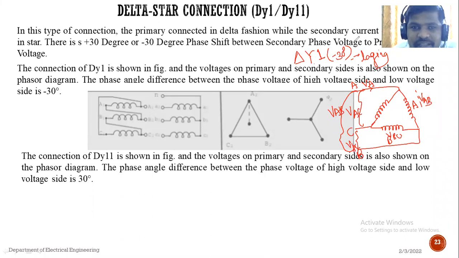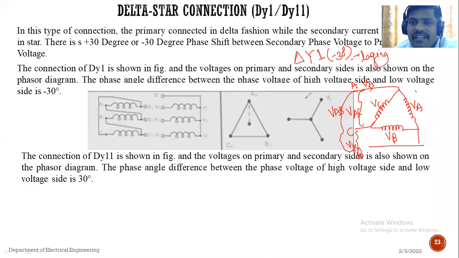So these are the line voltages. The phase voltage representation will be like this. Here we represent the phase voltage: here it is VA, here it is VB, and here it is VC. So these are the phase voltages.